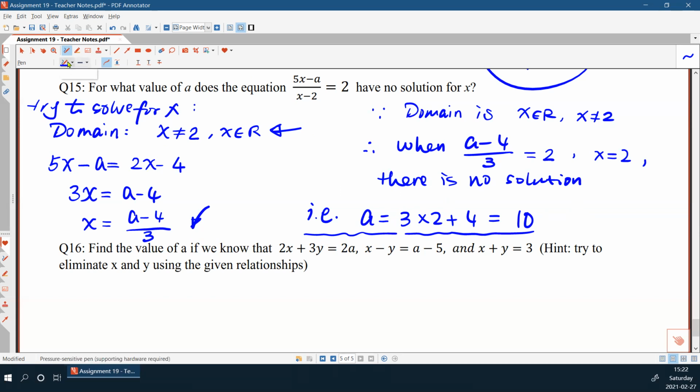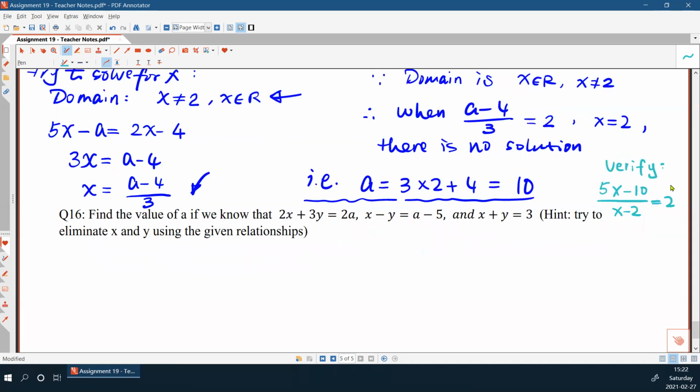Okay, and remember that you can always try to verify your result. Let's verify. To verify, all you need to do is put a equals 10 into the original equation. This becomes 5x minus 10 over x minus 2 equals 2, right? And you can see that 5 is a common factor.